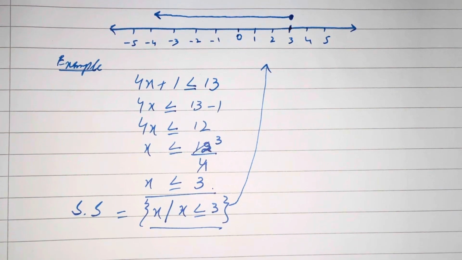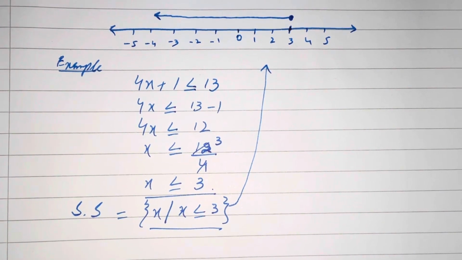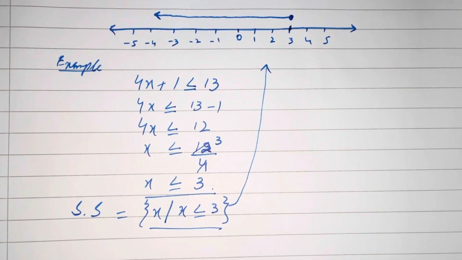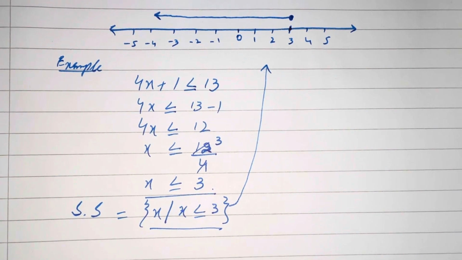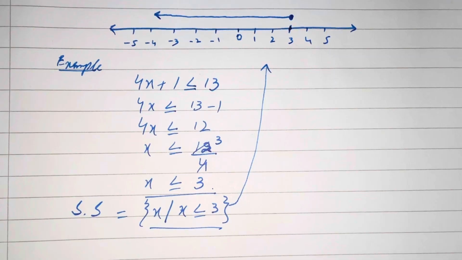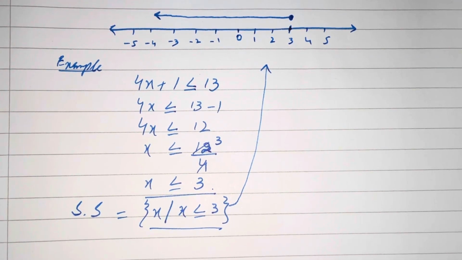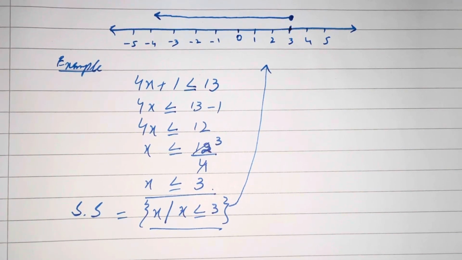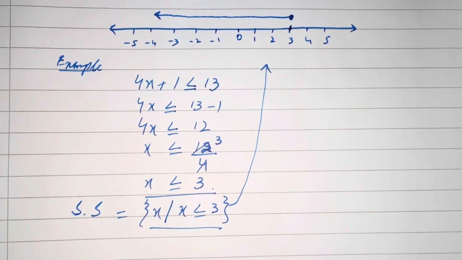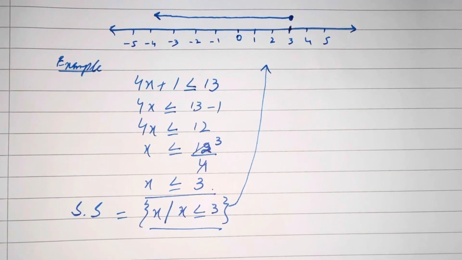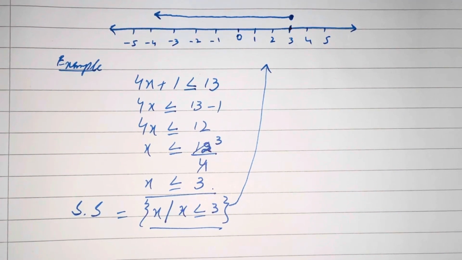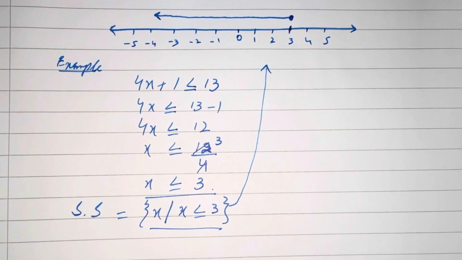In linear inequalities, as the name suggests, we will always have the sign of greater than, less than, greater than equal to, or less than equal to. So keep these things in your mind. We will take some other examples in our next videos.